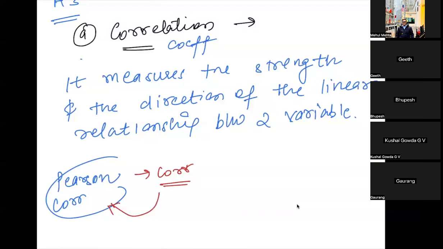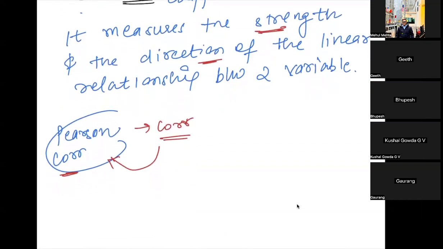If there's a non-linear relationship, Pearson correlation won't be able to measure that. This is for your modeling knowledge. It measures the strength and the direction of your linear relationship, so let's understand it in greater detail.